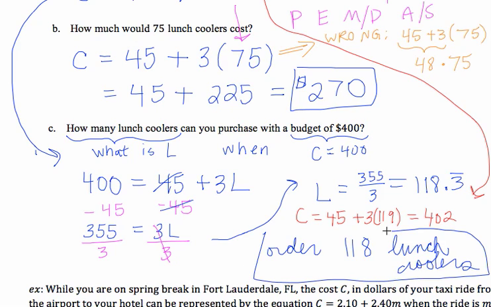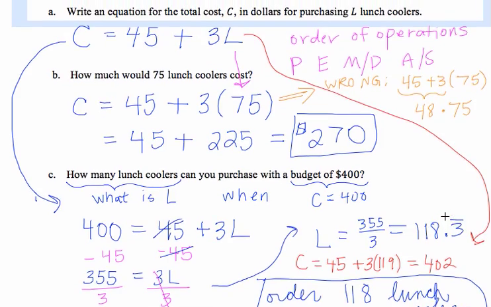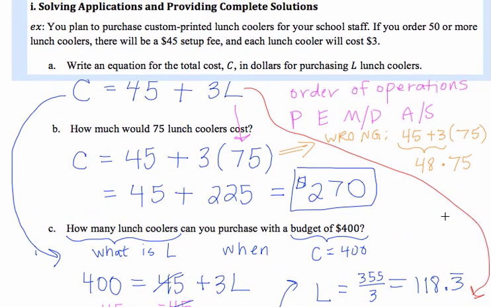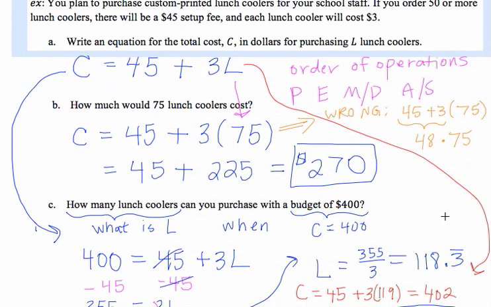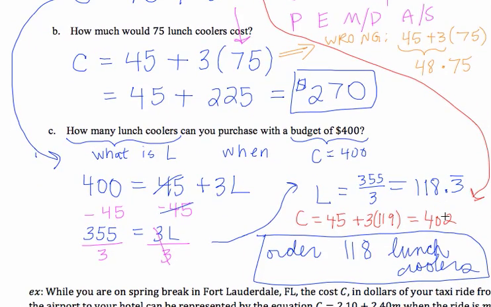So that's a case where you would round down. Even if this had been 118.9, we would still round down because if you rounded up, then you wouldn't be within budget anymore. Okay, so that's a pretty straightforward applied application problem with solving linear equations.